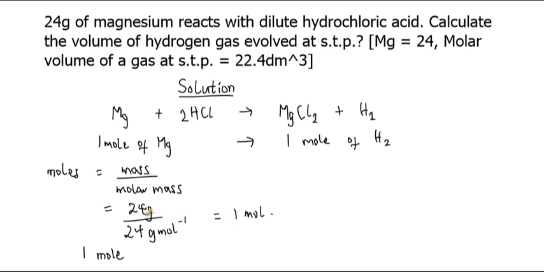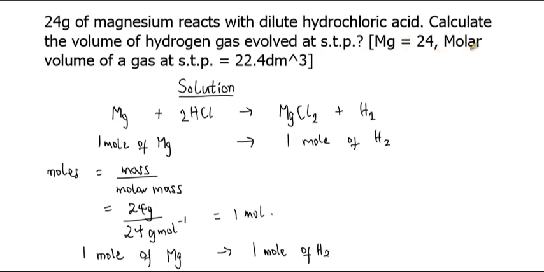So if the mass given is about 48 grams, definitely the answer will be 2 moles. Now let's continue. So 1 mole of magnesium will as well liberate, since from the equation 1 mole of magnesium liberates 1 mole of hydrogen gas, and since the number of moles that reacted is also 1 mole, we'll be having 1 mole of hydrogen gas evolved.